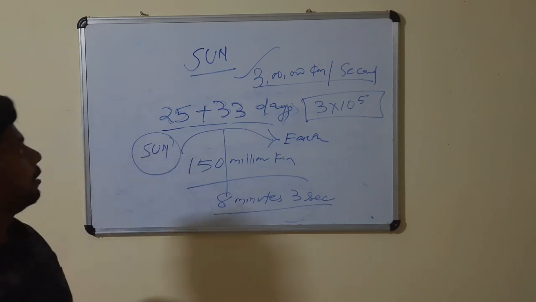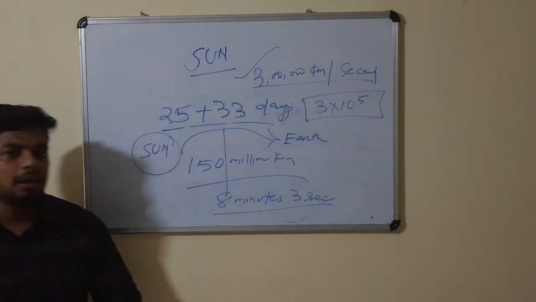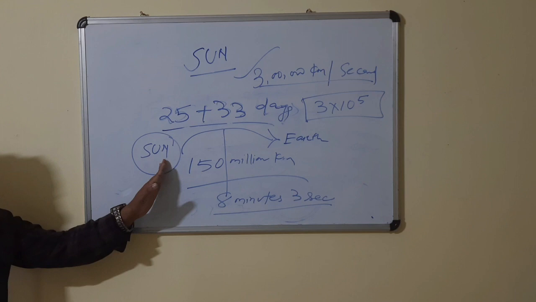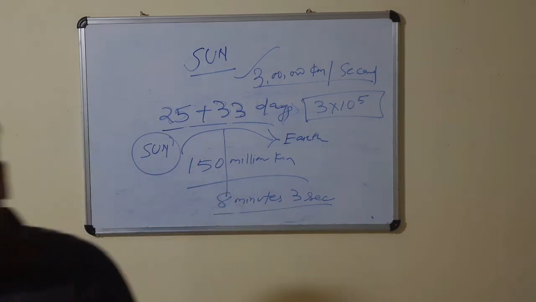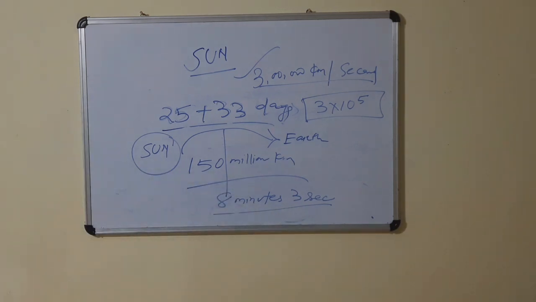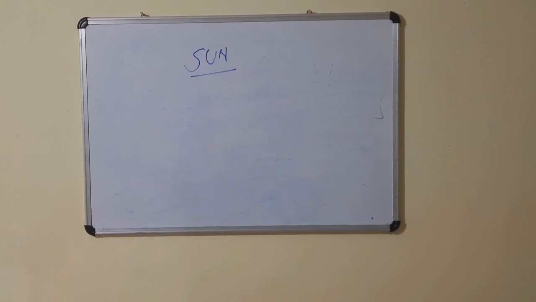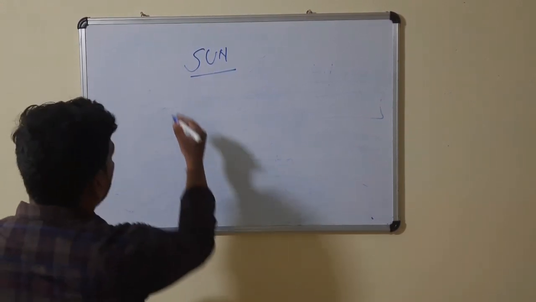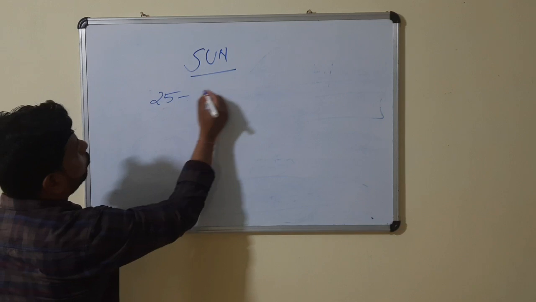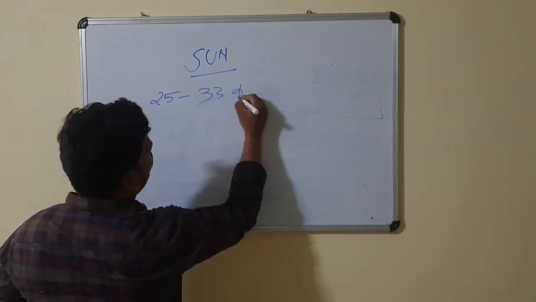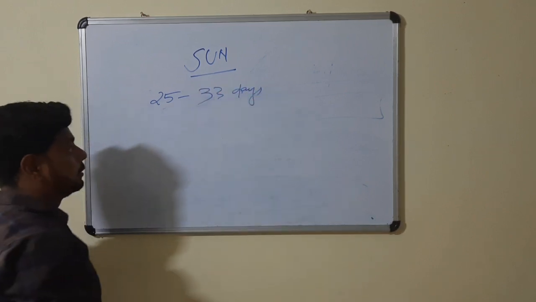Please note it. 3 lakh kilometers per second, and the light from the sun takes 8 minutes to reach the earth. So the sun takes around 25 to 33 days to complete its one rotation.